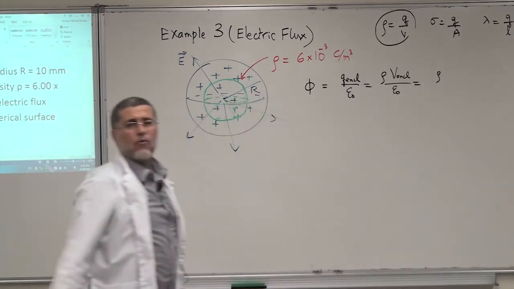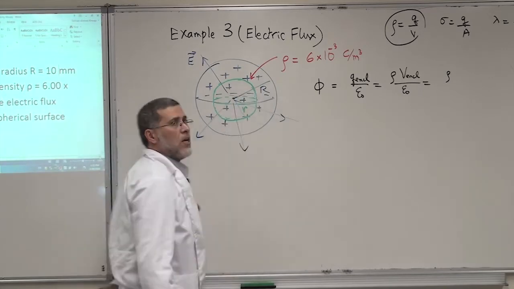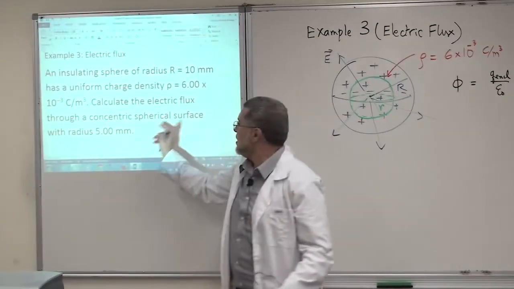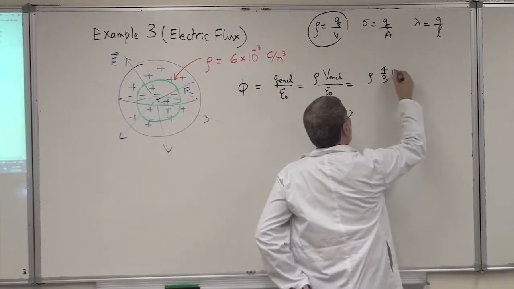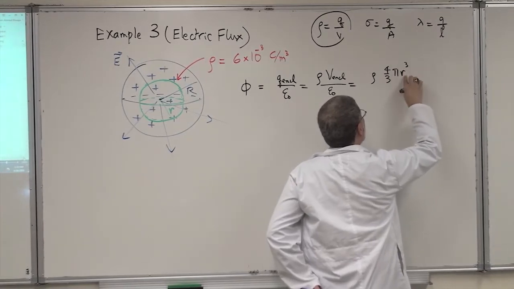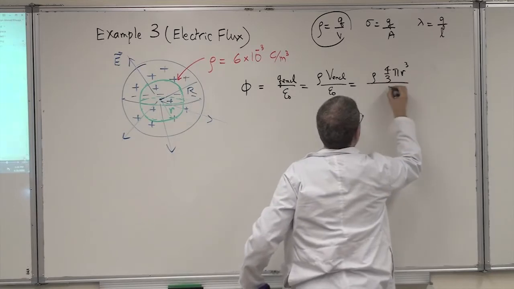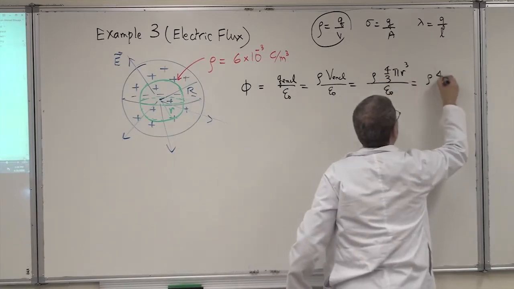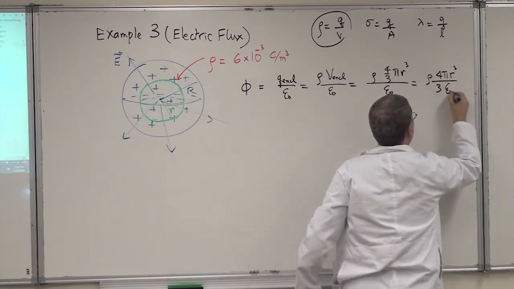I want to know the volume enclosed by this green spherical surface. It is 4 over 3 pi r cubed, where r is the radius of this green spherical surface, over epsilon 0. So this will give me rho 4 pi r cubed over 3 epsilon 0.